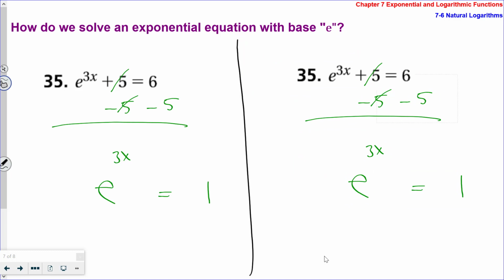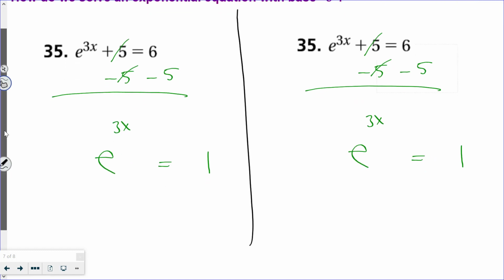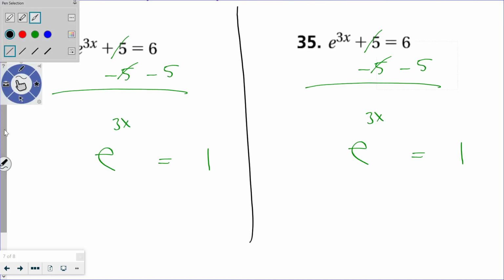All right, so this is a different way. I'm just going to write it down. I want to finish the other way first, and then we'll do it that way so that you can see that both ways will get you the right answer. So we could do log base e of 1 equals 3x. This is an alternate way. We'll come back to that in a second. I'm glad that you brought that up, Juliet.